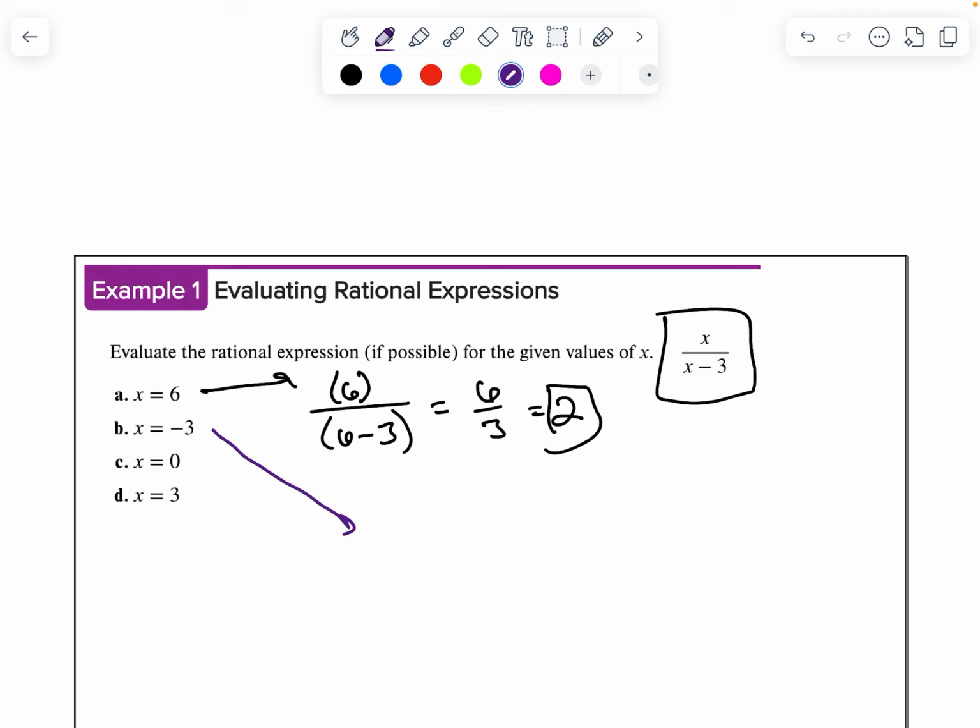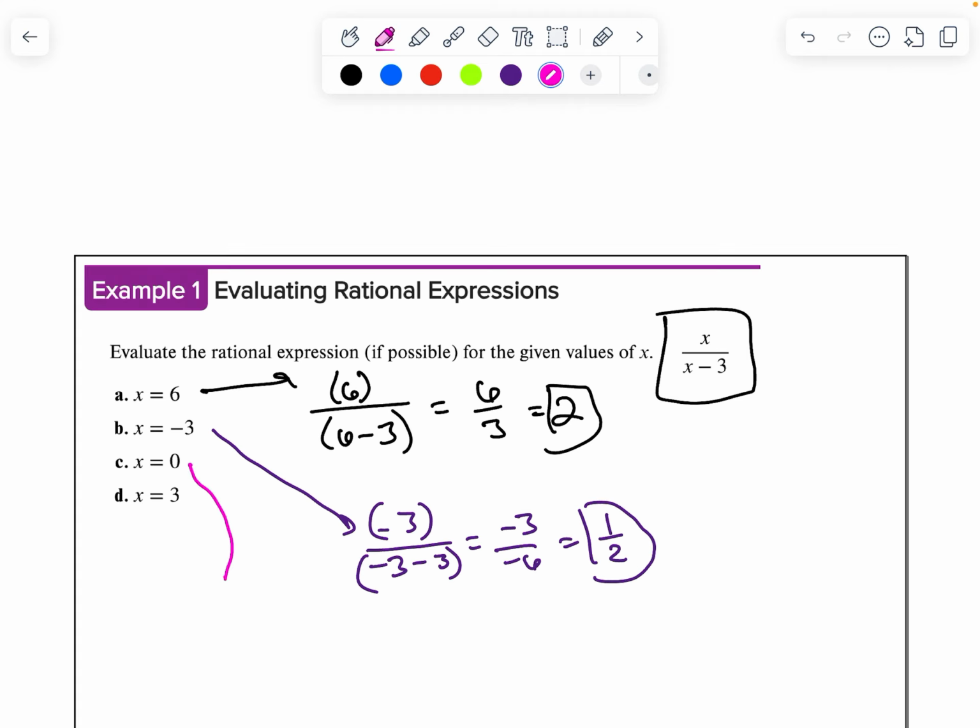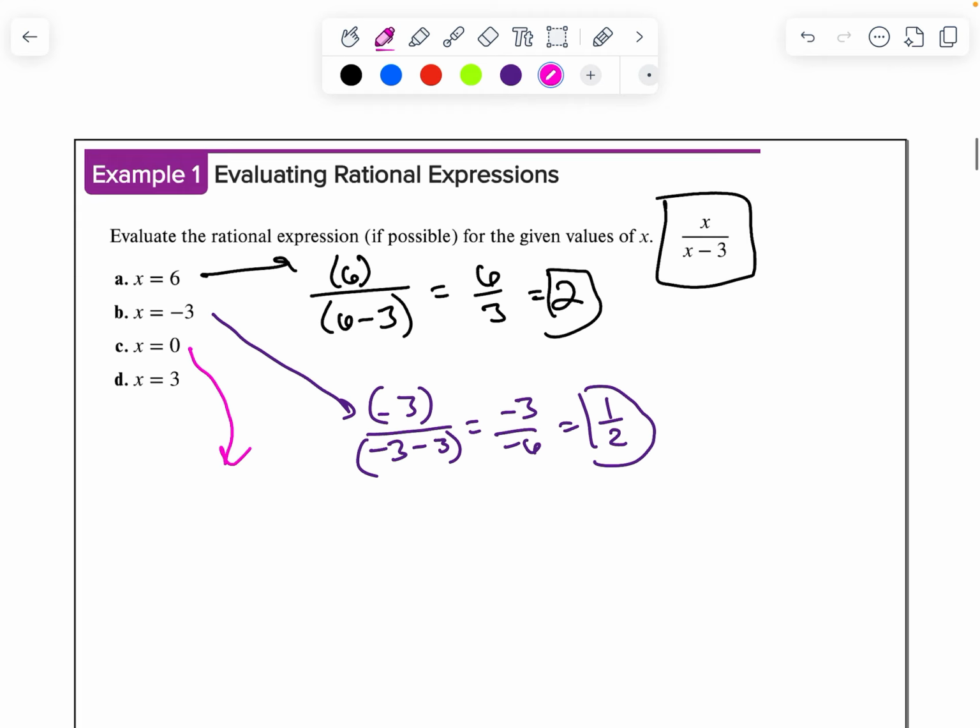Second example, for x equals negative 3, I'd say negative 3 over negative 3 minus 3. That'd be negative 3 over negative 6, which is the same as positive 1/2. For x equals 0, I would have 0 over 0 minus 3, which is 0 over negative 3, and 0 over any number is just 0.